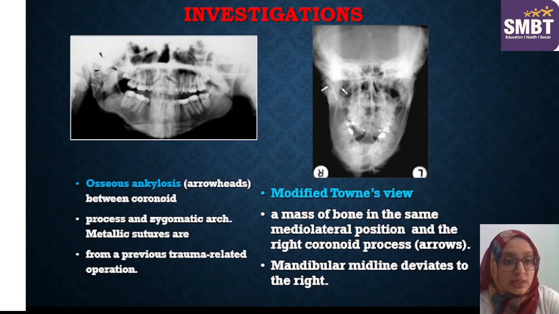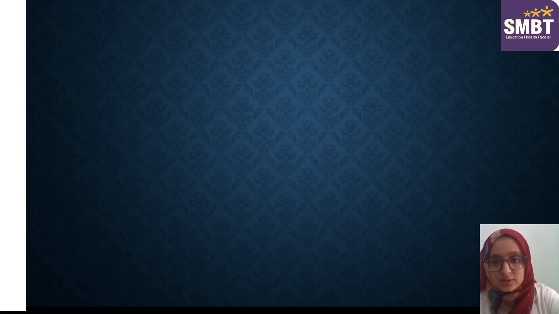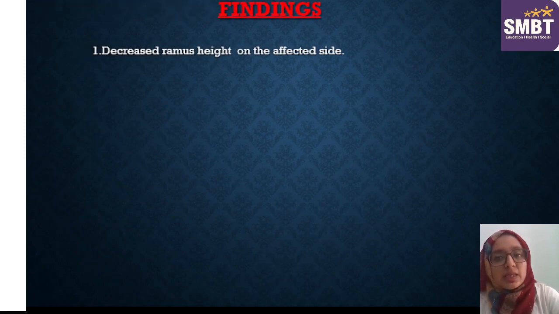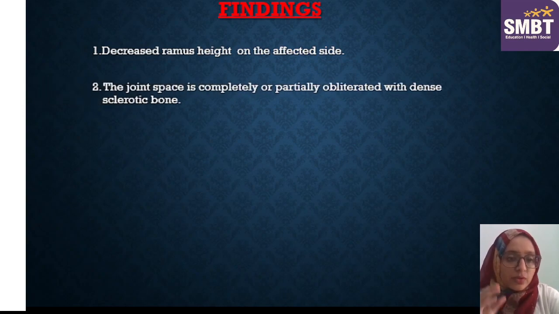We have seen the clinical signs and symptoms of unilateral ankylosis. Now, what are the findings? Decreased ramus height on the affected side because obviously its growth is not completed, and we know in functional matrix theory that the condyle has a growth matrix.